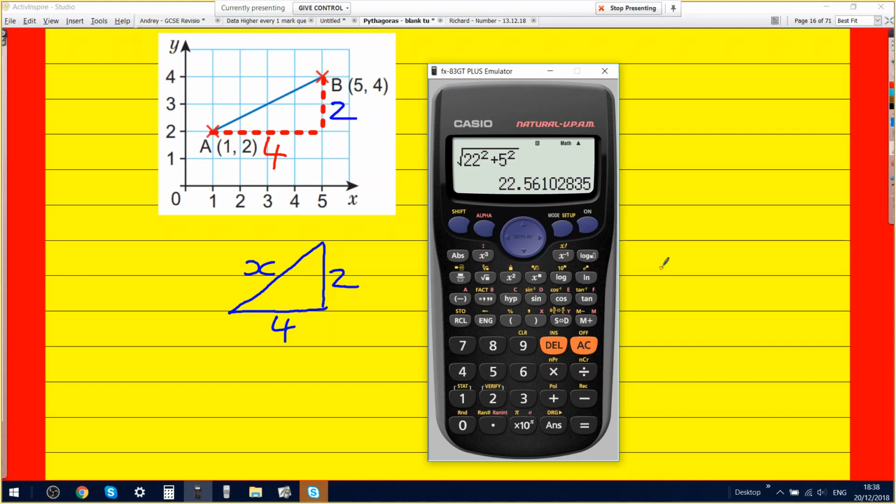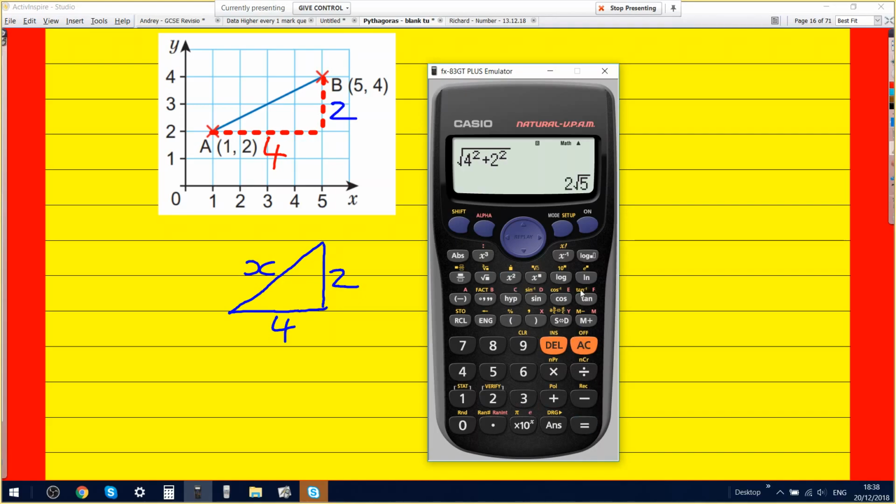And this is the working out from the previous one. Would it be 4 squared plus 2 squared in the square root? Correct. 4 squared plus 2 squared, square rooted.